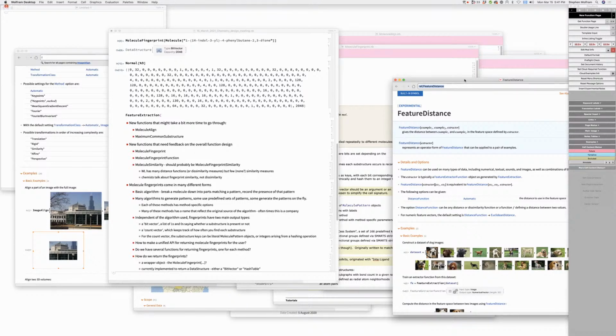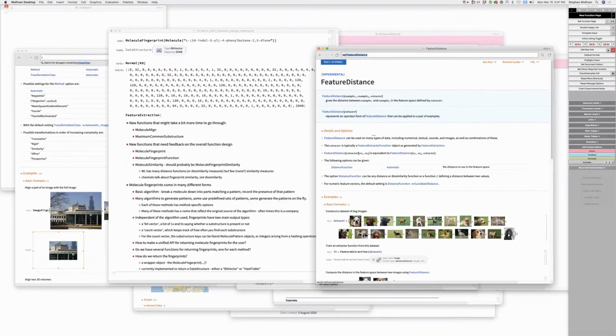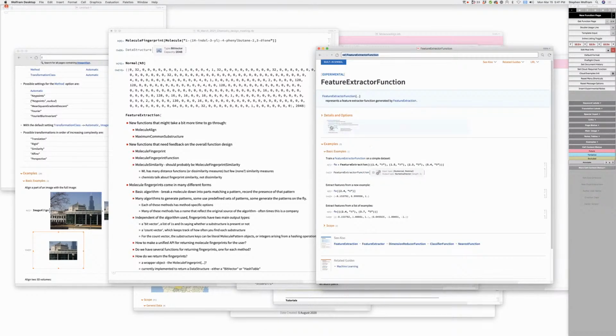So in doing so, do I tell them to hook it up to system backtick molecule fingerprint? I don't care what you do there. As far as this is concerned, look, I don't know why this doesn't have a link to the feature.